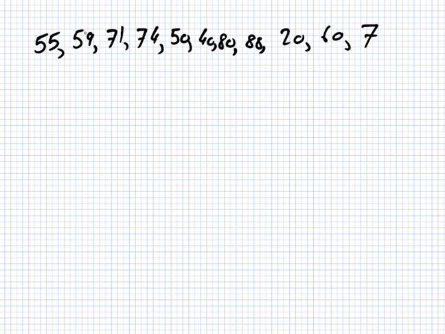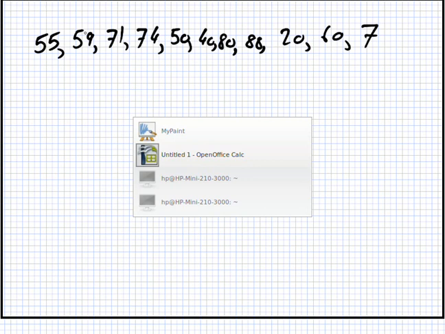The reason I'm opening up Office here is because I'm curious to see which method Open Office uses to calculate the quartile. Do they include the median or do they not include it? Because remember last class when we were looking at mode, we saw that different programs deal with problems in different ways.